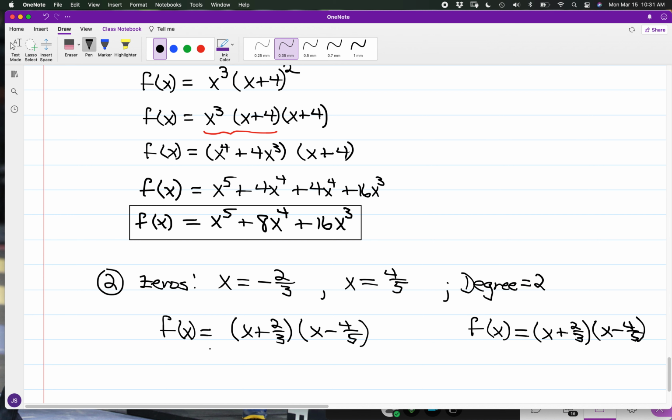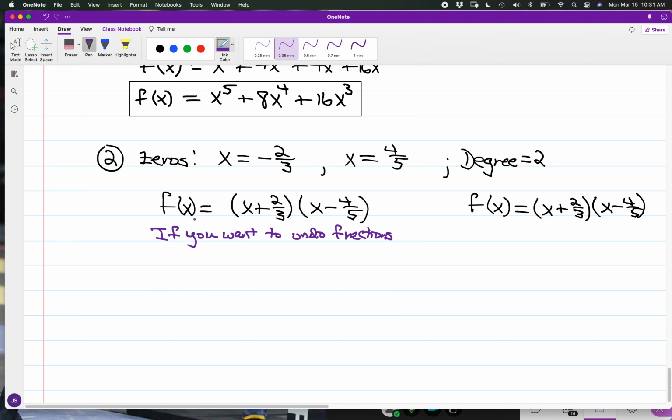So if you want to take care of fractions, what you can do is undo the thirds, and in fact, it's not going to change the nature of the zeros.